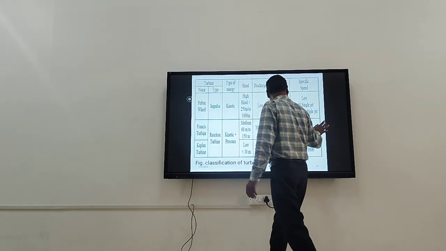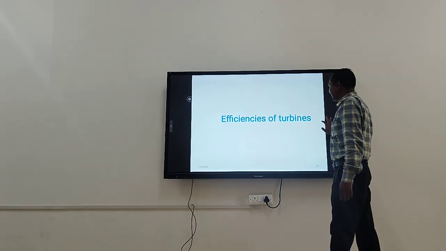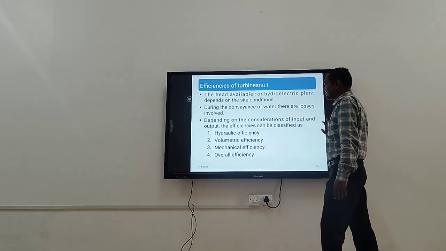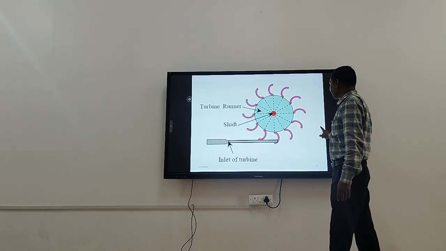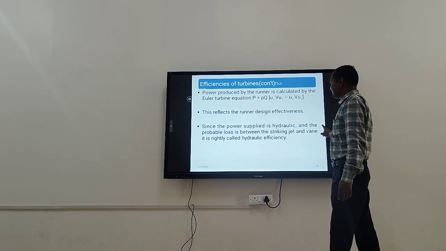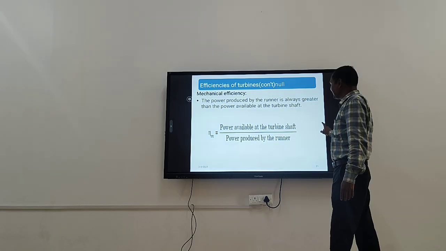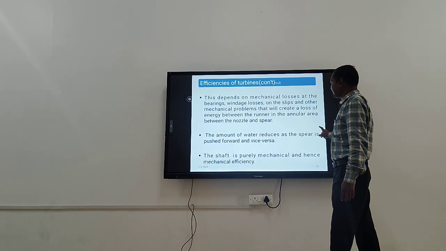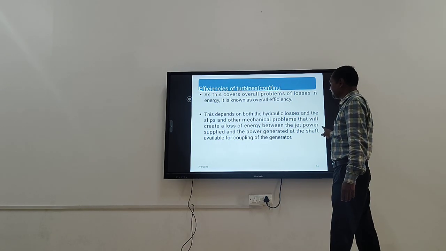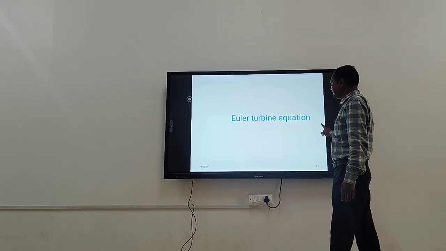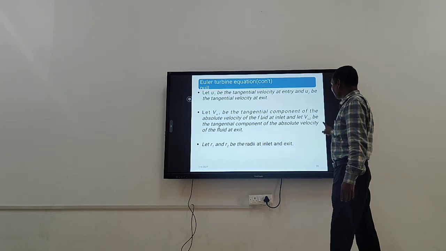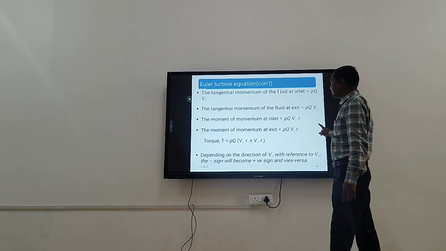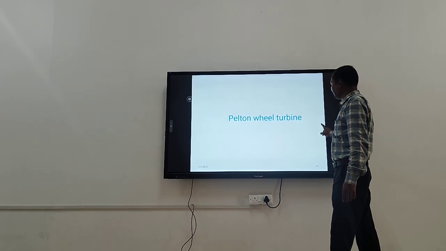Next we come to the different types of turbines and their constructions. So the first one is the impulse turbine. See it? The Pelton turbine comes under the impulse turbine category. So next we come to the first one, the Pelton wheel turbine. We will discuss the construction of the Pelton wheel turbine.